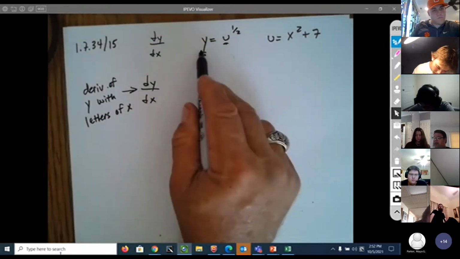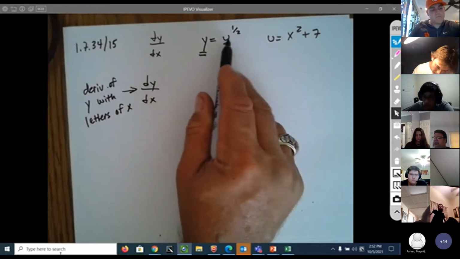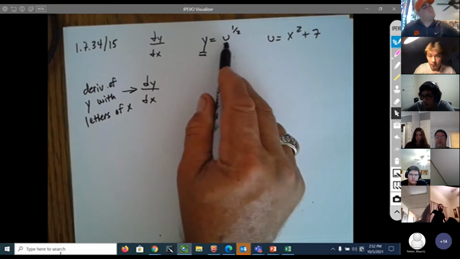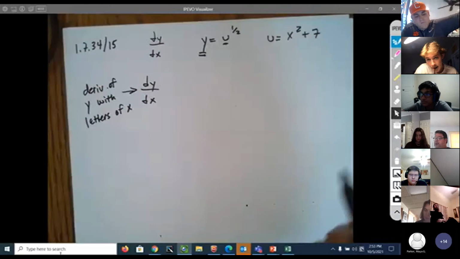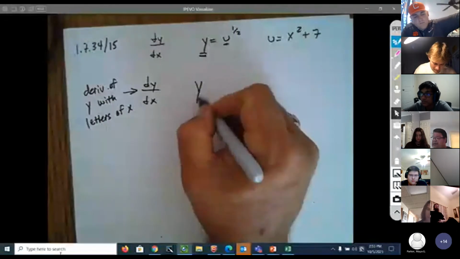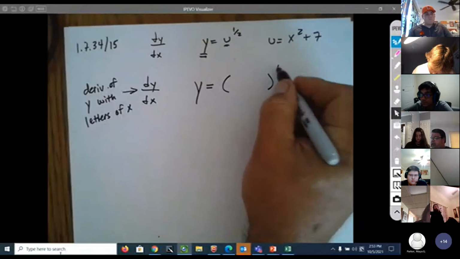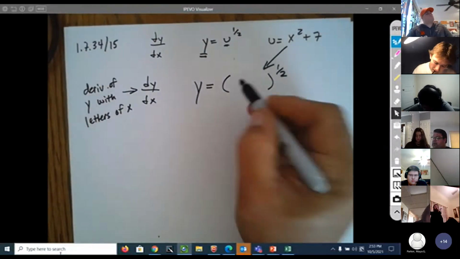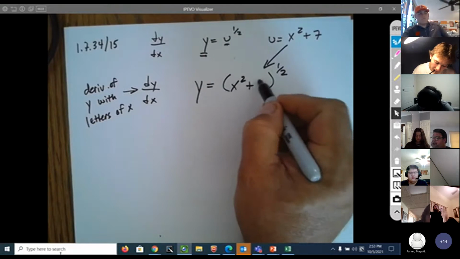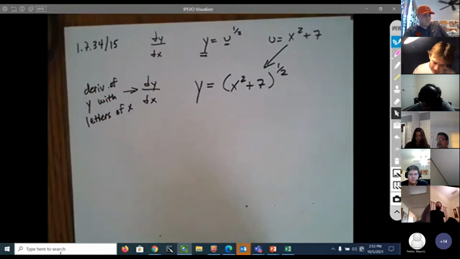But I can't do that, because it's in terms of u. So I've got to take this guy and plug it in here, and then I've got the chain rule, which factors into what we're doing. So 1/2, and plug that in here, so that's x squared plus 7. Now we're ready to do the chain rule.